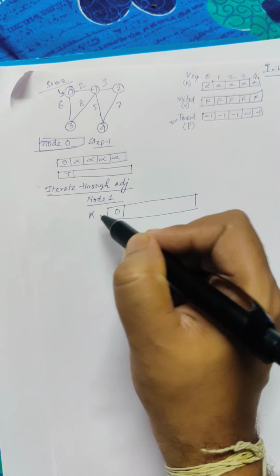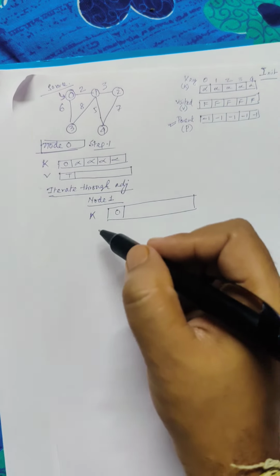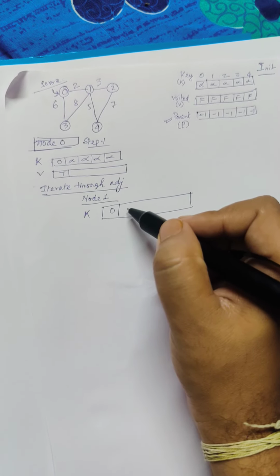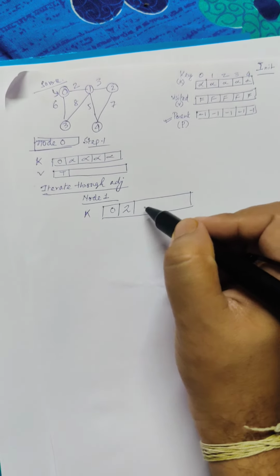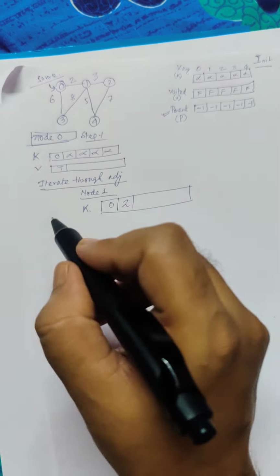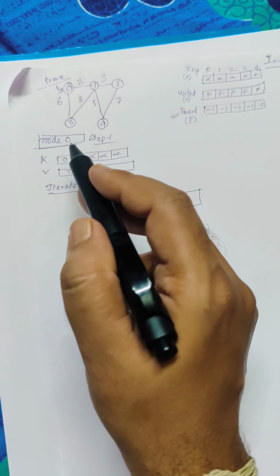So this is the k array, and this is the visited array. In case of node number 1, the cost is going to be 2, and the rest is going to be infinite. I am not writing it. The parent array should also change, but node 1 is not a primary node.